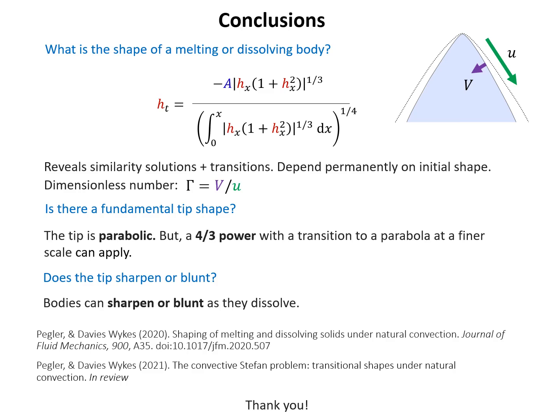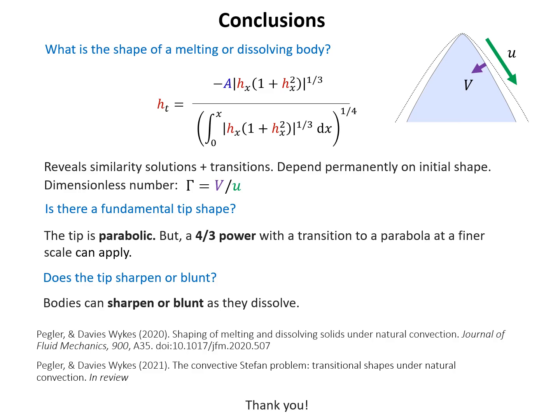And as part of our theoretical analysis, we revealed this dimensionless number, which is the recession speed divided by the convective flow rate, and this very neatly puts this problem on a spectrum that includes the classical time-dependent diffusive Stefan problem.